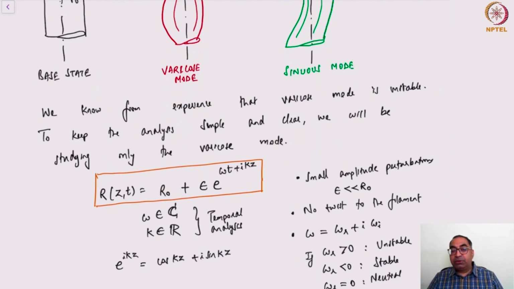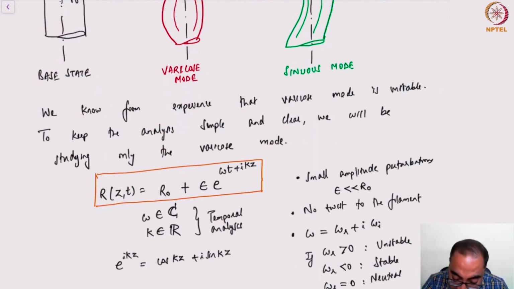We haven't used the normal mode form yet. This is only to say I could have easily written r of z comma t as r naught plus some r prime, where r prime is some perturbation. But since we are anyway anticipating that we will use a normal mode form, we might as well write it down. The perturbation amplitude is given by the value of this epsilon.